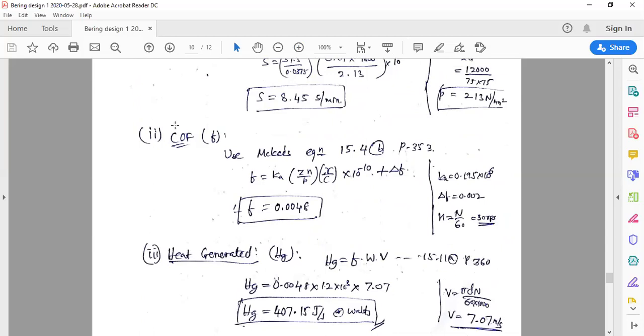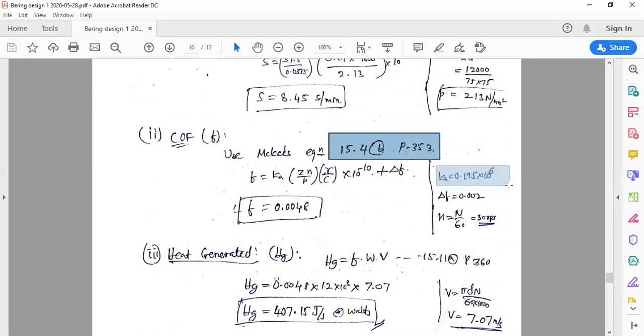Now, to calculate the coefficient of friction, we have to make use of Mackey's equation, which is available in the Mahadevan Data Handbook, page number 353, equation number 15.4b. The coefficient of friction f is equal to Ka into Zn by P into R by C into 10 raised to minus 10 plus delta f.